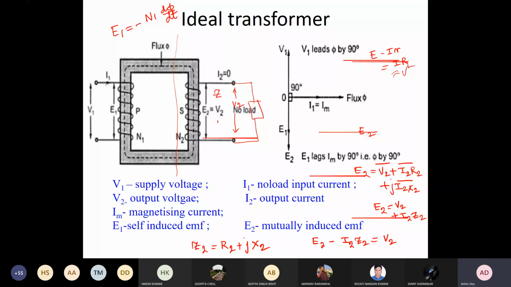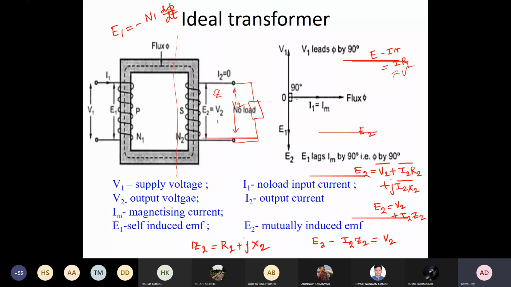Otherwise, if it were aiding, there would be automatic generation of energy, which would violate the conservation of energy. So that's why your E1 is 180 degrees out of phase with V1.